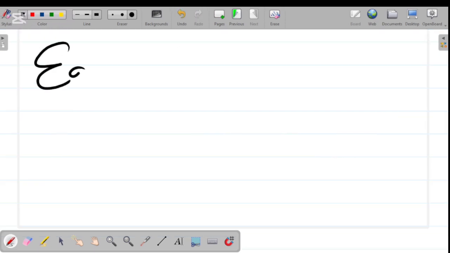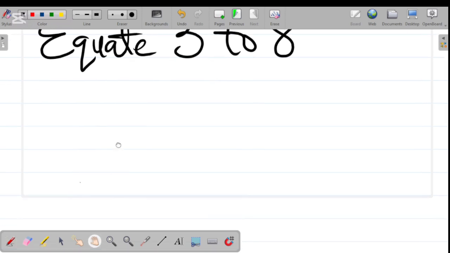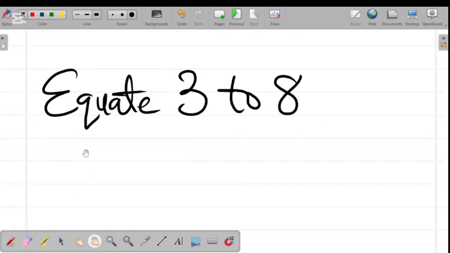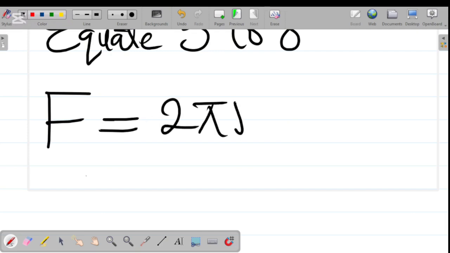All right, let's equate equation 3 to 8. Now, what is equation 3? Equation 3 is F, and F is equal to 2 pi r multiplied by gamma.